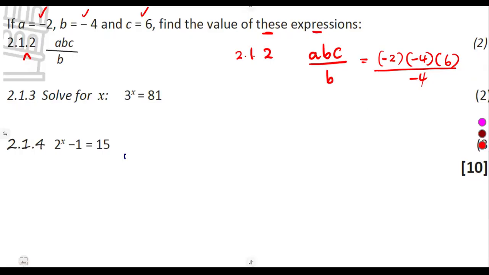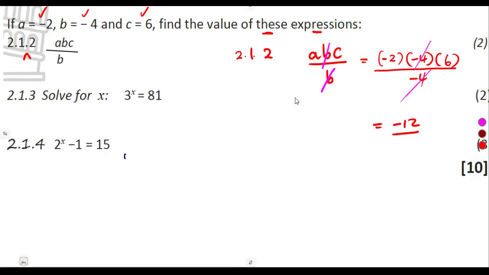Yes, you can multiply everything, or you can even cancel, as you can see, negative 4 and negative 4. This product, guys, you can cancel those two. So you're just left with negative 2 times 6, which is negative 12. It's just like negative 12 over 1, which is one and the same thing as simplifying it before here.